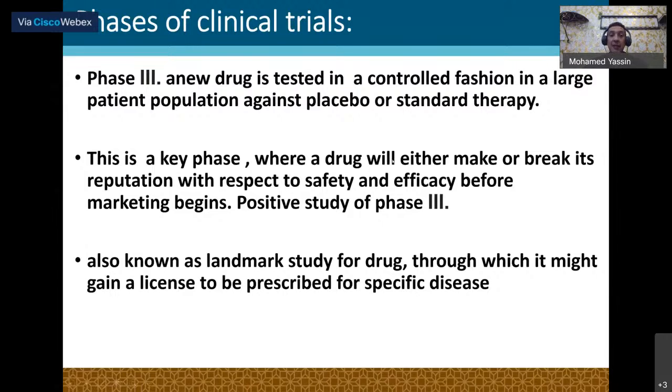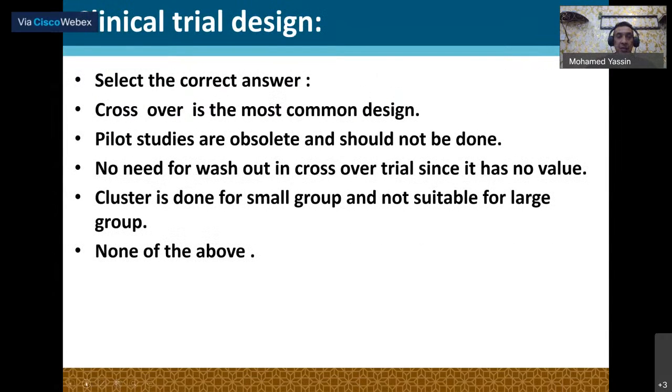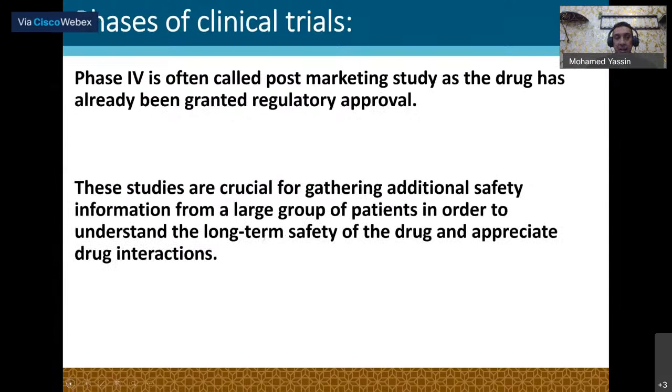And this is a key phase where the drug will either make it or break its reputation with respect to safety and efficacy before marketing begins. And if it is a positive study of phase 3, we call it a landmark study. So landmark study is a positive phase 3 study. So these are the general definitions of the different phases of clinical trials.